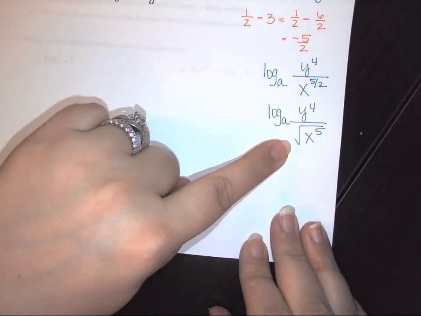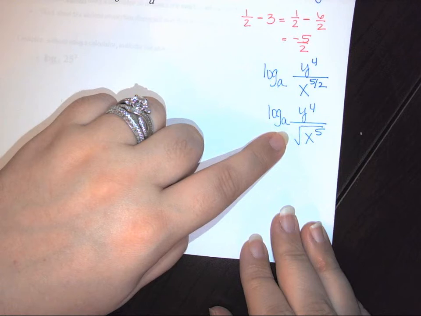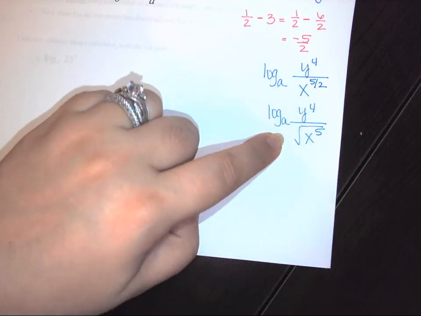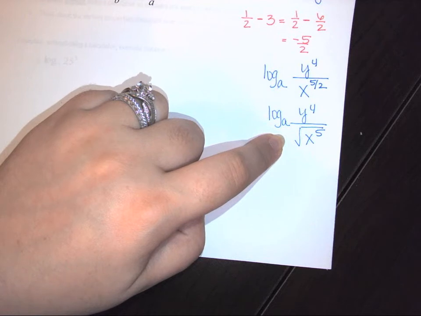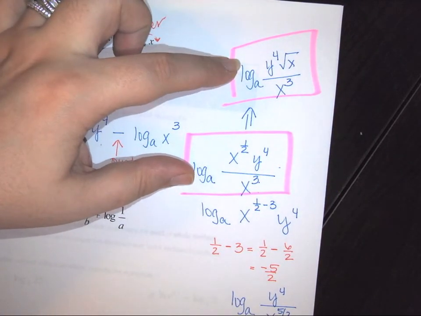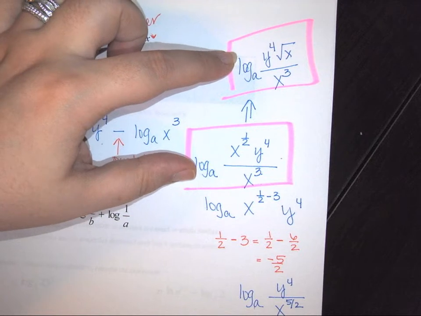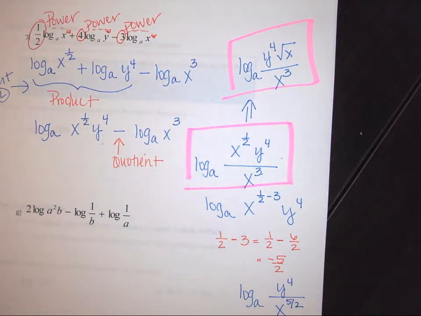And one of the reasons for that is because this answer down here leaves a radical on the bottom, and we're usually not too thrilled about that. And rationalizing your denominator is not necessarily something that you should have to do. And so therefore I would leave it as these two. But if you just simply want to play around with your exponents or play around with your fractions using some of those other rules, that's some of the things that you can do.